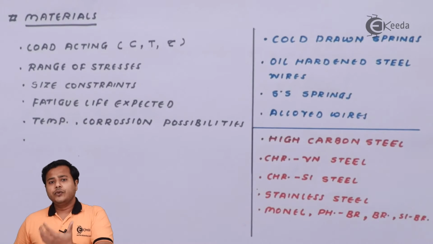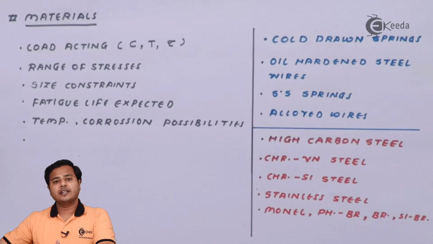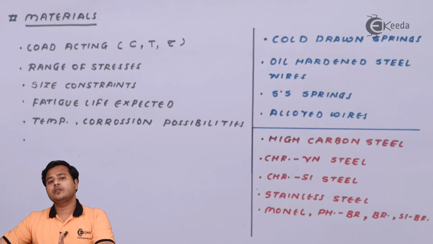And there are a few more materials like monel, phosphor bronze, bronze, silicon bronze, etc., which are again alloys or non-ferrous materials which can be used for making springs for certain specified applications. So these are the important materials that we can use for springs.